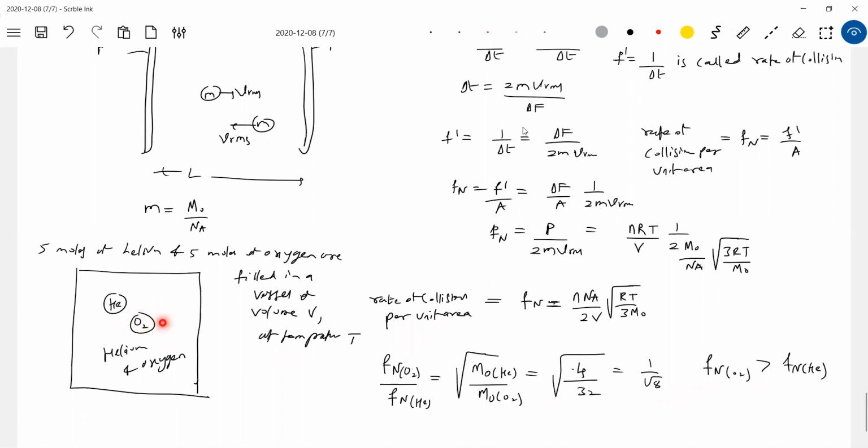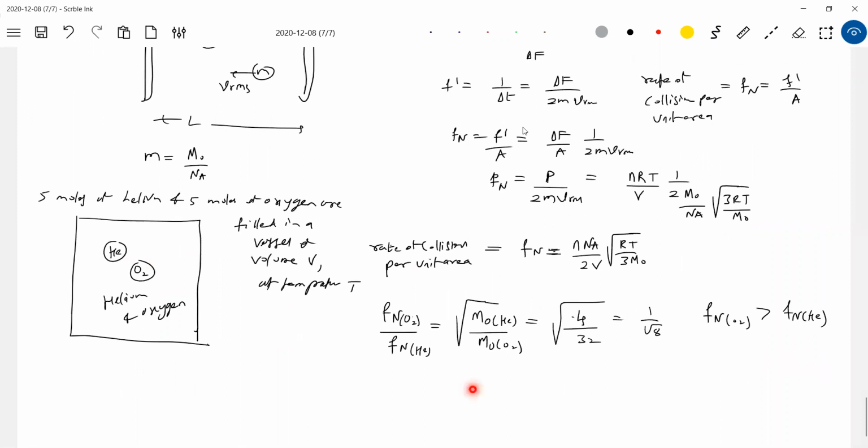What about the total energy of the gas, and the RMS speed? Which will have more RMS speed? The RMS speed of oxygen to that of helium is root of 3RT by M naught, so it depends on molecular mass only.